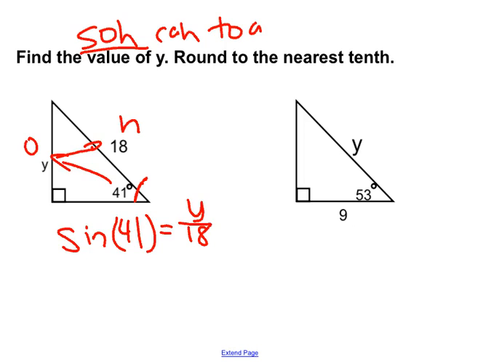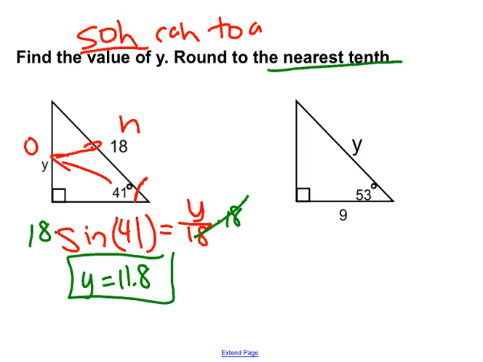When your variable is on top, it's a really easy fix. Get rid of that 18 by multiplying both sides by 18. And y equals whatever 18 times sine of 41 is. You want to type that in your calculator, 18 times sine of 41. And you should get y to be 11.8, if you are considering the nearest tenth, so I rounded it to the right spot.